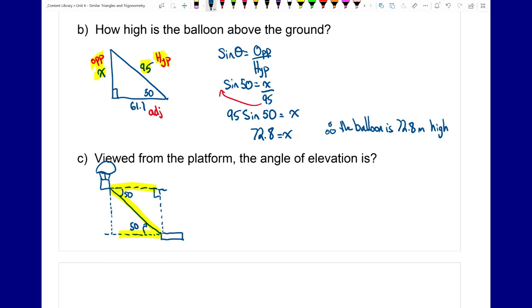Because we're dealing with parallel lines, the ground and the imaginary horizontal line in the air, we can use the Z pattern to figure that out. So therefore, the angle of elevation is 50 degrees, the same as the angle of depression.